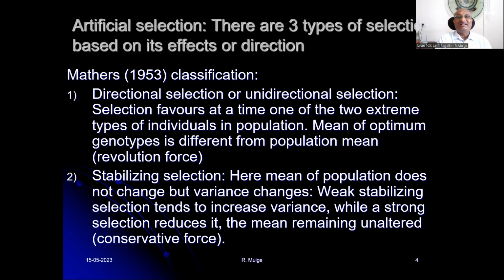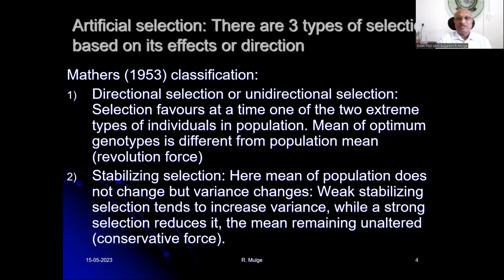What is directional selection or unidirectional selection? The selection pressure you are putting favors, at a time, one of the two extreme types. For example, if you have plants on a 0 to 100 scale for any character you take, it favors either 100 or near 100 scale plants, or 0 or near 0 plants. So it is unidirectional, one direction.